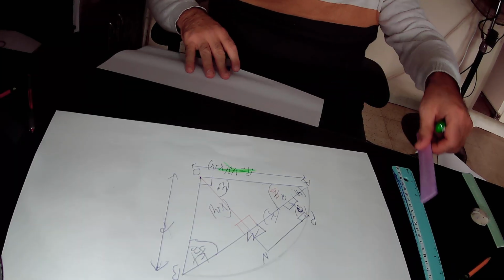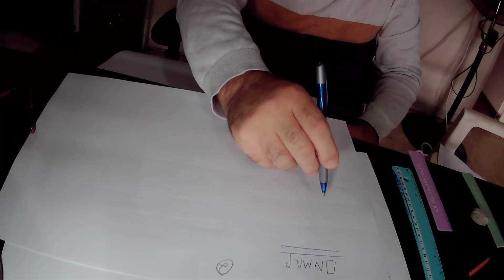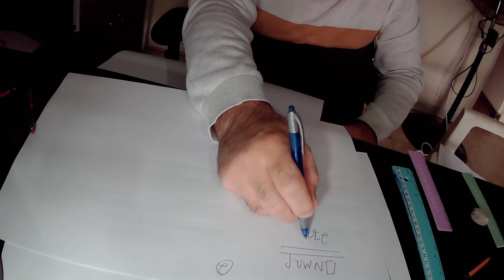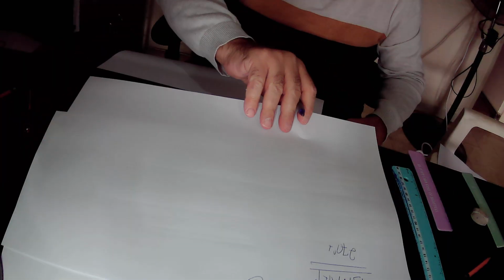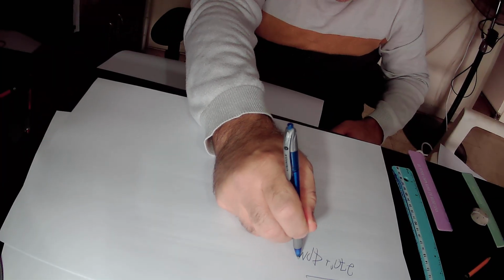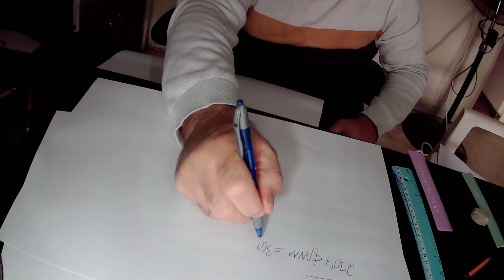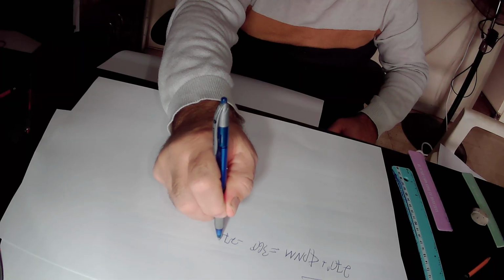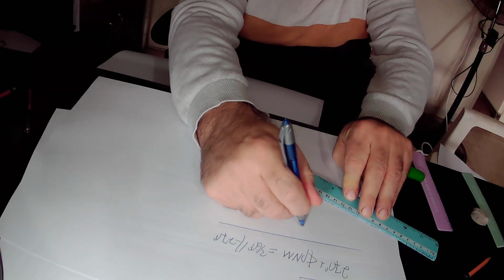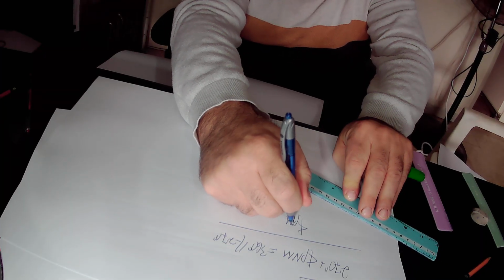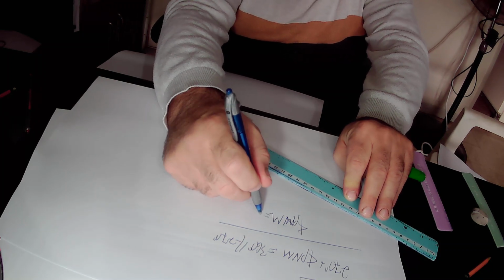In quadrilateral NMQP, the sum of the angles must be equal to 360 degrees. The sum of the three angles is 270 degrees, plus the size of this fourth missing angle, that is the angle PNM. In total, the sum of the four angles must be equal to 360 degrees. Here we subtract 270 degrees from this equation, and finally get that the missing angle PNM is equal to 360 degrees minus 270 degrees, which is 90 degrees.